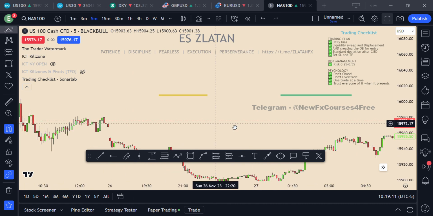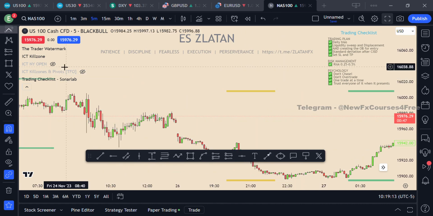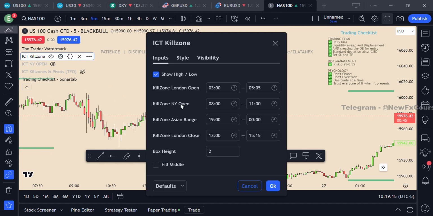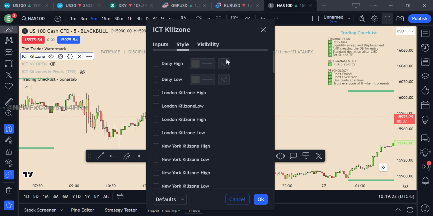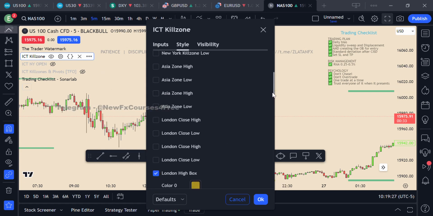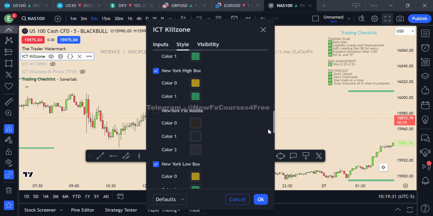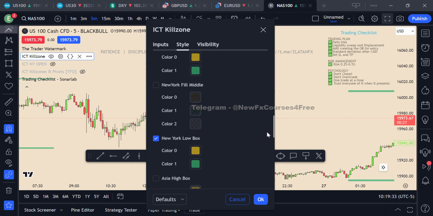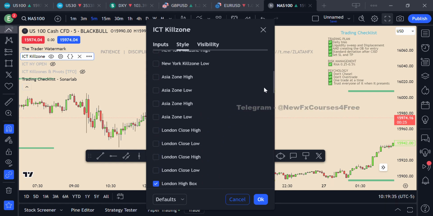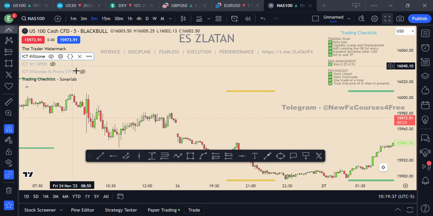I don't use this Asian range. I'm hiding it. So you can come here and activate the ones you want. I hide the Asian box. It's just the London low, the New York high and low, and the London high and low that I activated.